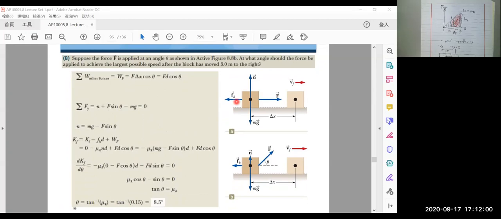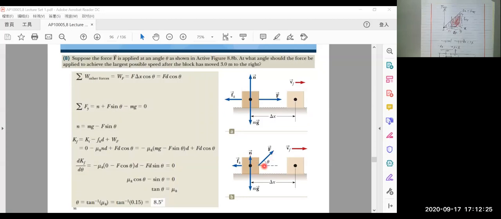Now, the force is not applied horizontally, but it is applied at an angle shown in the diagram. It is not that simple in this case because first, you have the force that is separated into two components.